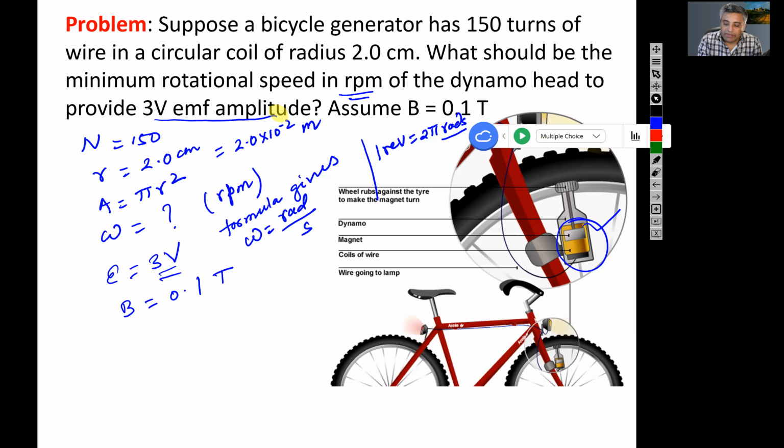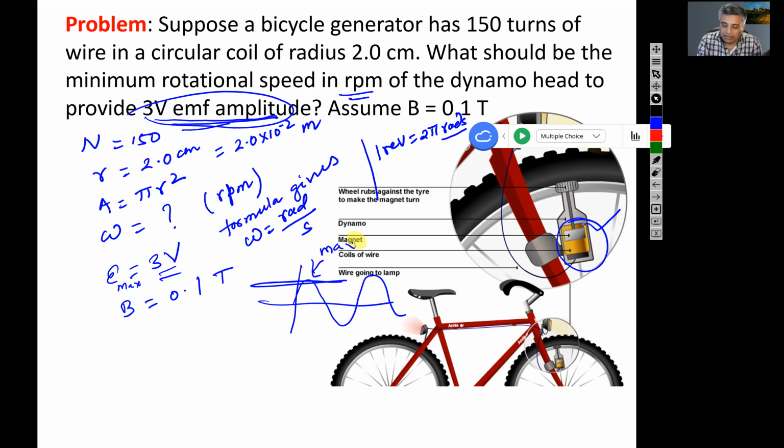And now omega is what? So EMF amplitude means that's the maximum EMF we are talking about. Remember how this thing goes up and down, and that is the max? So that's what we are talking about. And in the last slide, we saw that it is omega B times A, right? So what do we want?